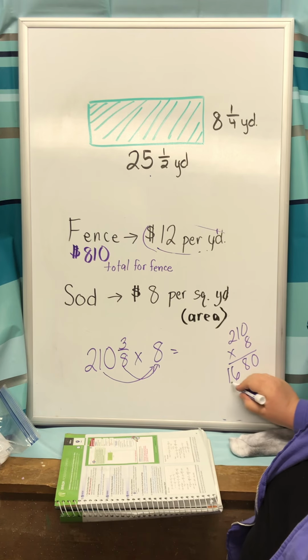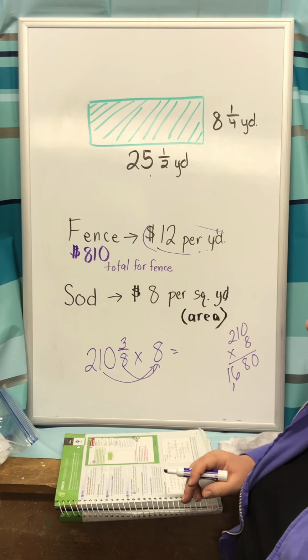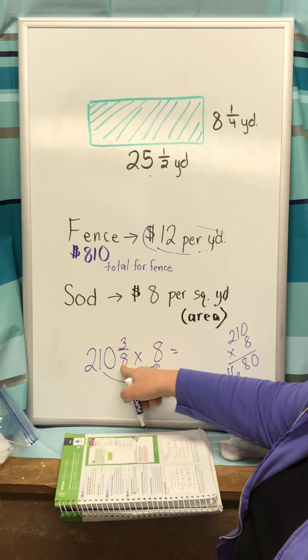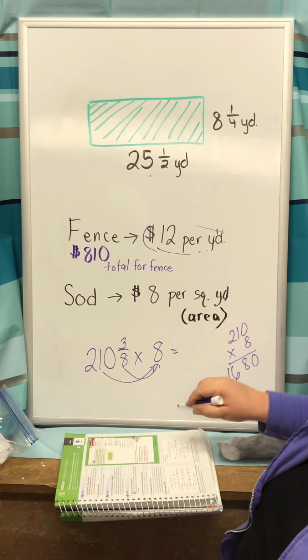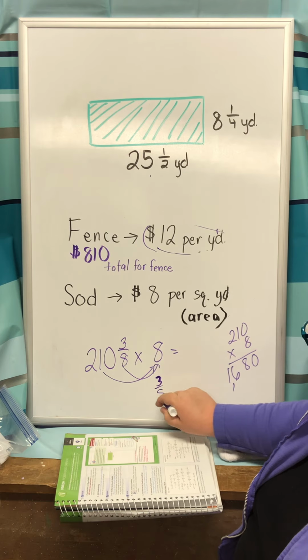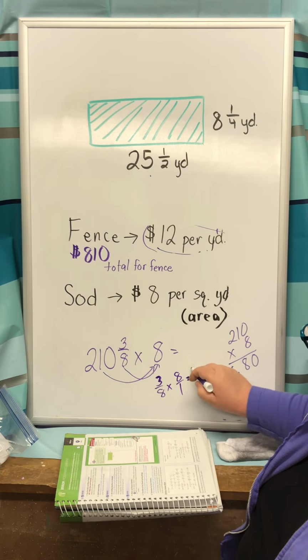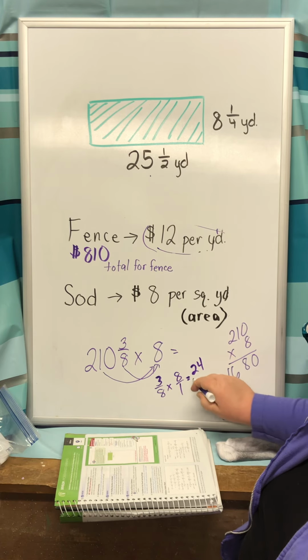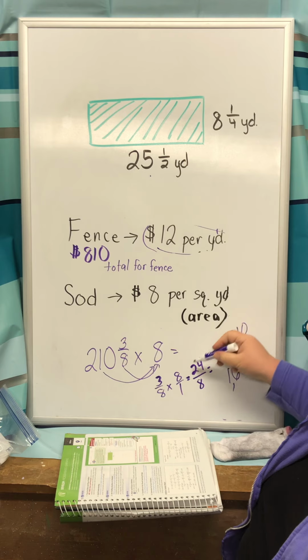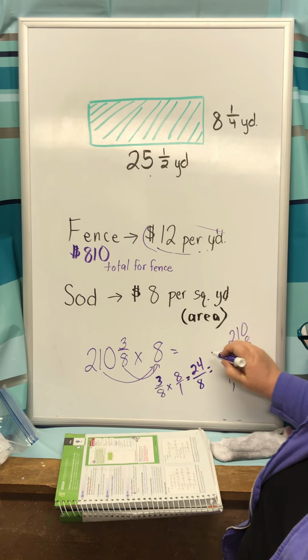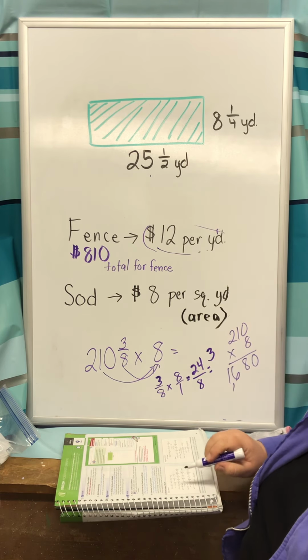So far I have 1,680. And then I also need to do my 3/8 times 8. So 3/8 times 8 over 1 is going to be 24. 8 times 1 is 8. And 24/8 is going to give me 3.